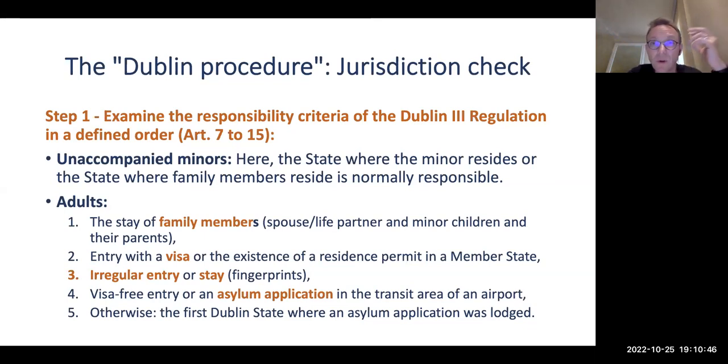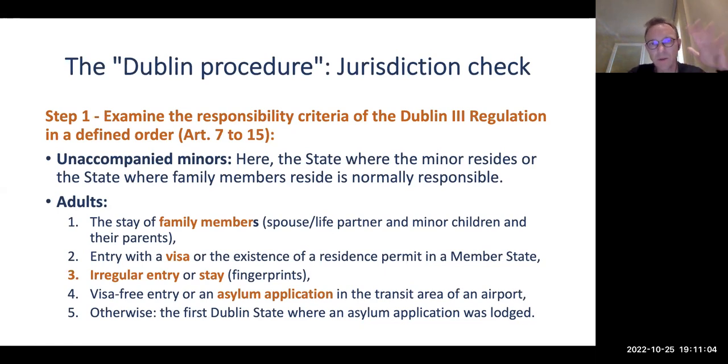You have always heard, I think, that as soon as you enter a country first, then this country will be responsible for the asylum application. Here, I will present the different criteria in the way they are presented in the Dublin regulation.